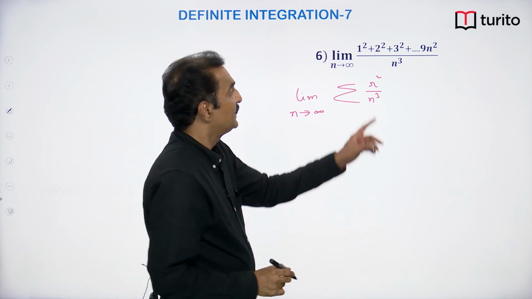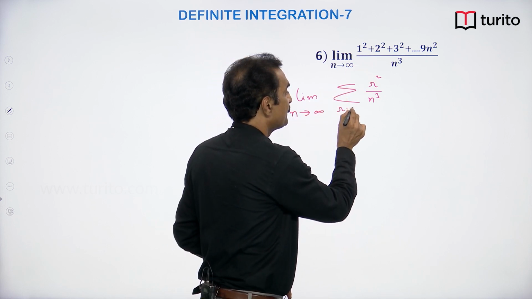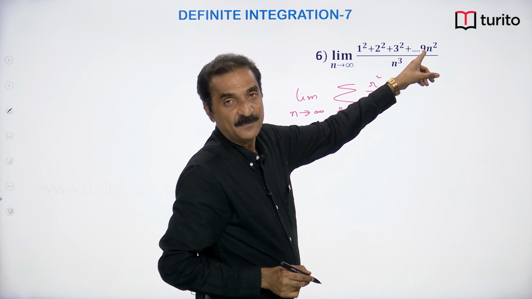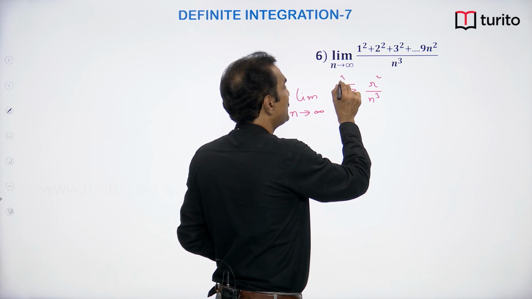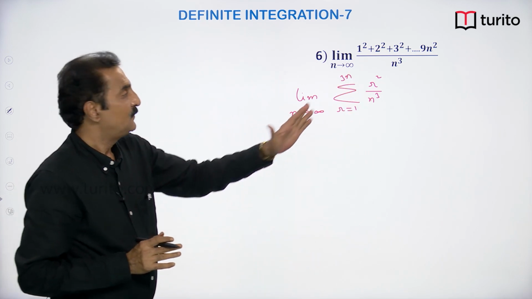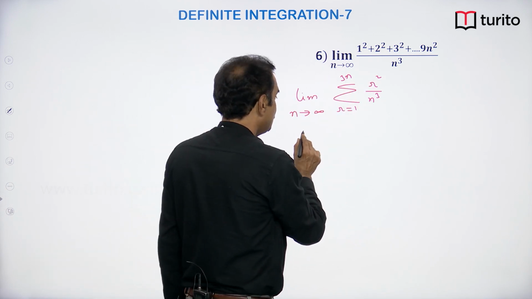Is it not? And r varies from 1 to, in the last term, what is r? Last term can be written as 3n whole square. So, upper limit of r is 3n. Now, what is the next step? We need 1 by n before sigma. So, separate 1 by n.